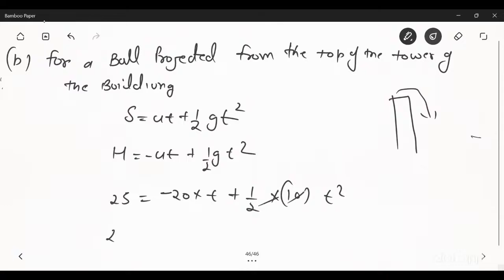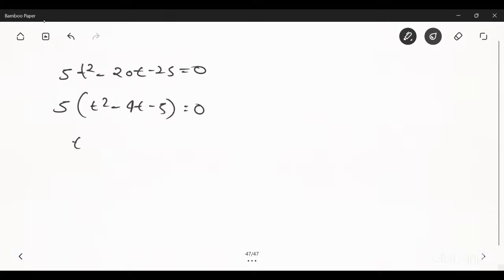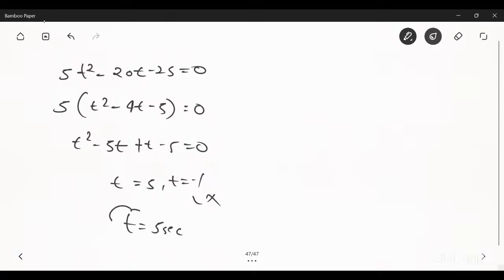On cancelling, you will get 25 is equal to minus 20T plus 5T square. So 5T square minus 20T minus 25 is equal to 0. Taking 5 common, T square minus 4T minus 5 equal to 0. So T square minus 5T plus T minus 5 equal to 0. So T is equal to 5 or T is equal to minus 1. Minus 1 will not be the answer, as time is always positive. So the time required for the ball to hit the ground is 5 seconds.